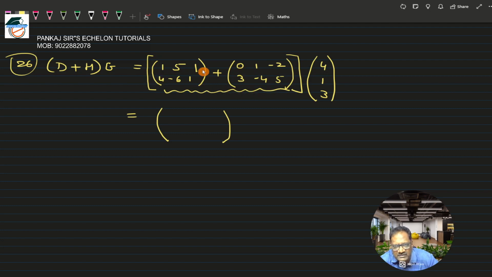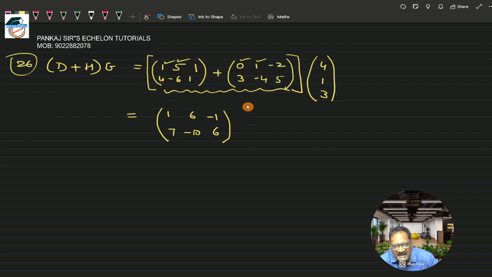All you have to do is add the corresponding elements. So 1 plus 0 will be 1, then 5 plus 1 will be 6, and 1 minus 2 will be minus 1. Then 4 plus 3 will be 7, minus 6 minus 4 will be minus 10, and 1 plus 5 will be 6.